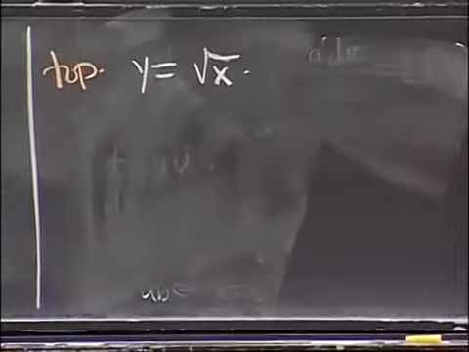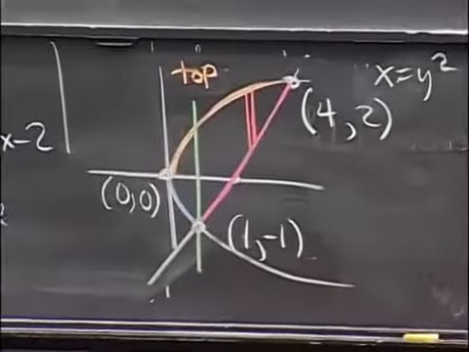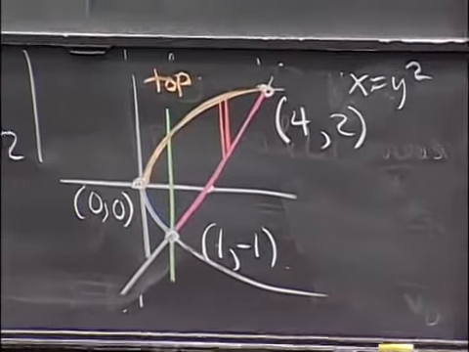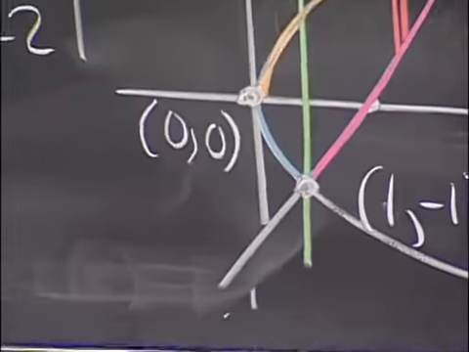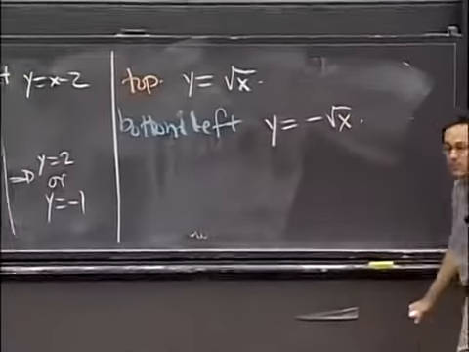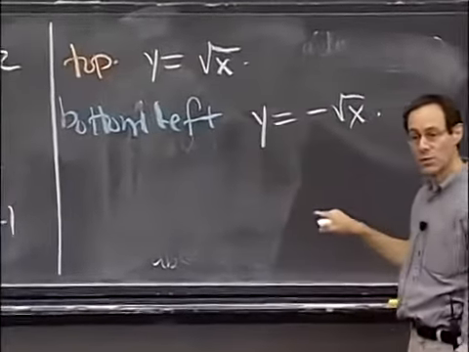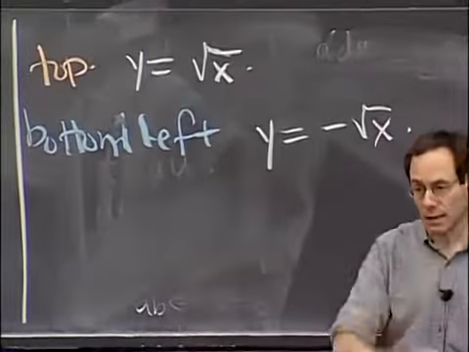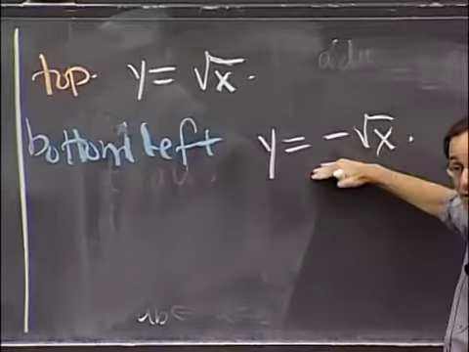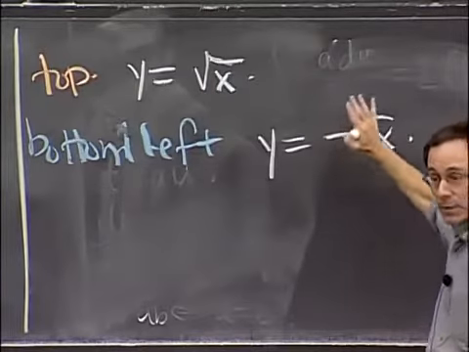The bottom curve, part of the parabola, so this is the bottom left, is y equals minus square root x. That's the other branch of the square root. And this is exactly what you were asking before. We have to distinguish between these two. And the point is these formulas really are different. They're not the same.